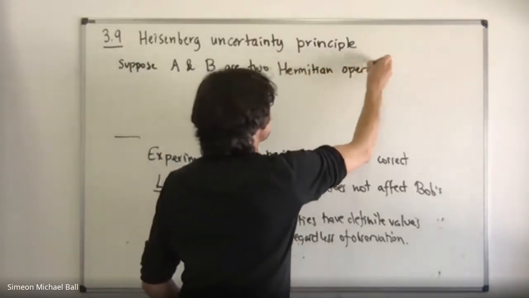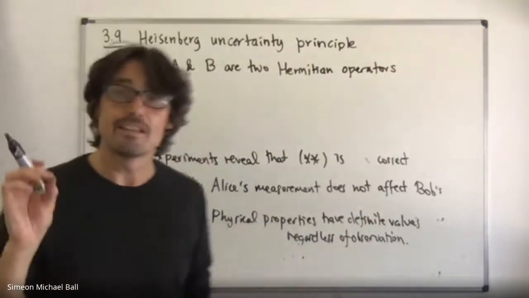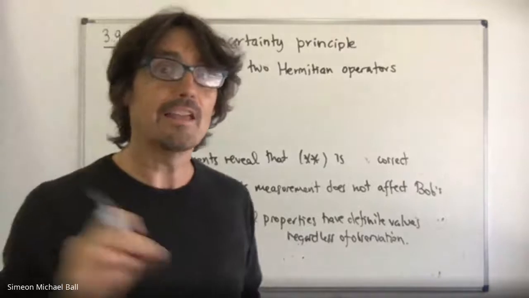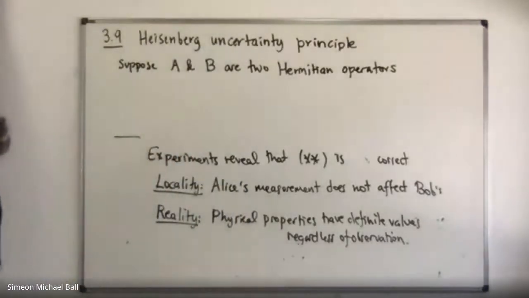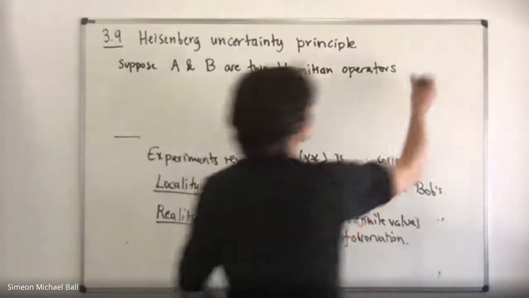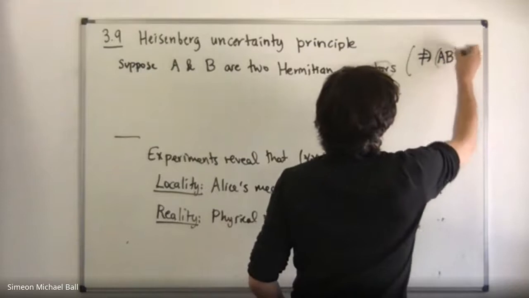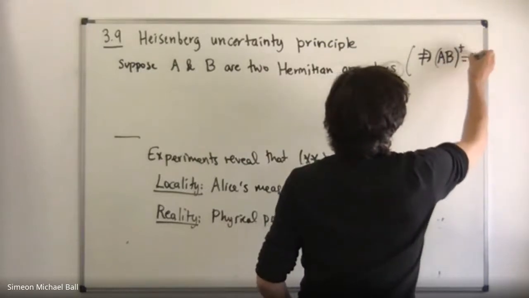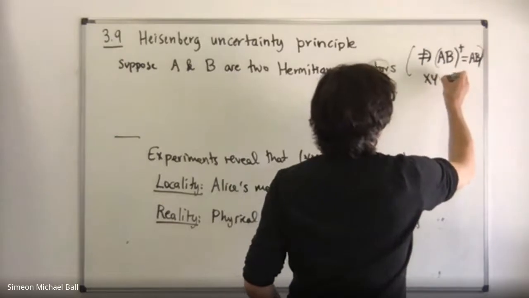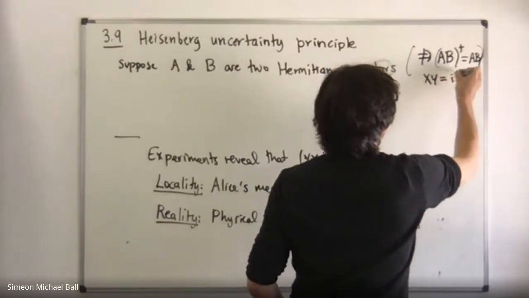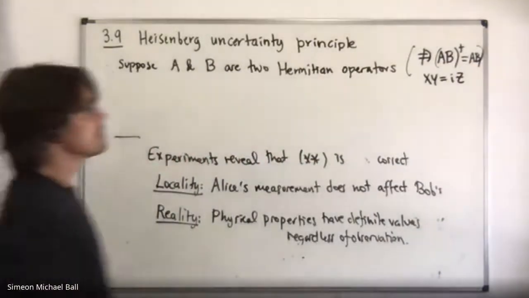Now recall at some point we observed that that does not imply that AB is Hermitian. For example, we observed before that XY is iZ or something, and therefore not Hermitian. This is Hermitian.